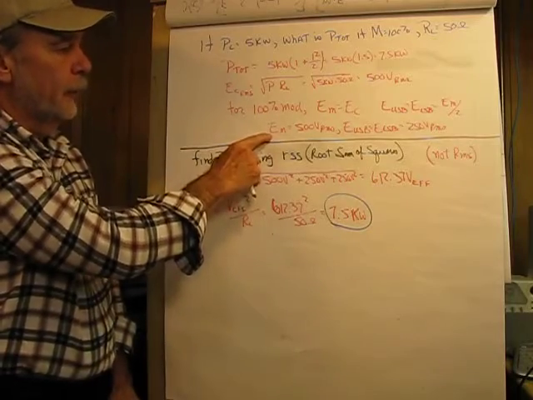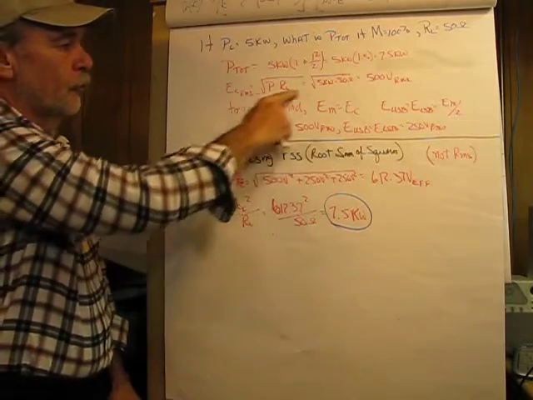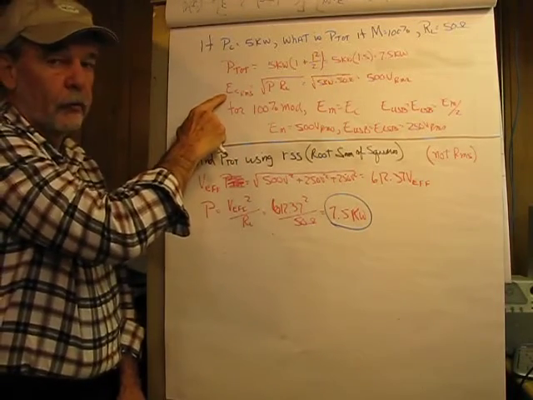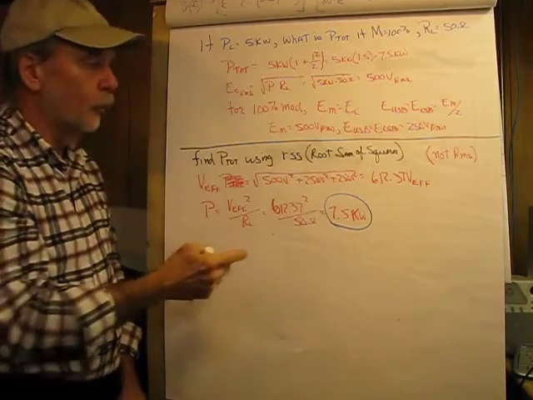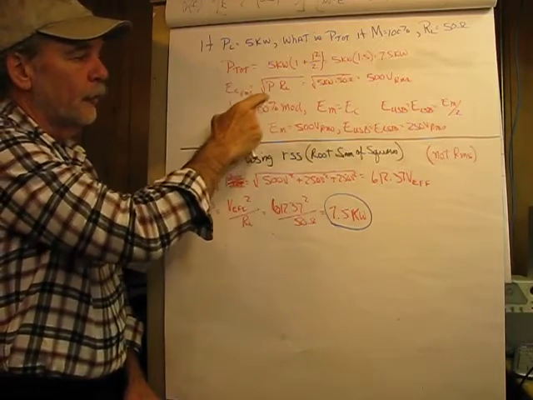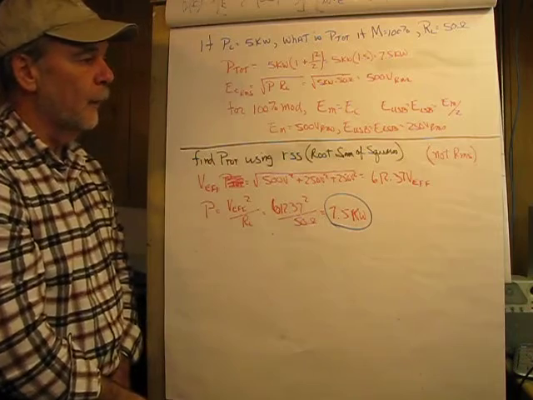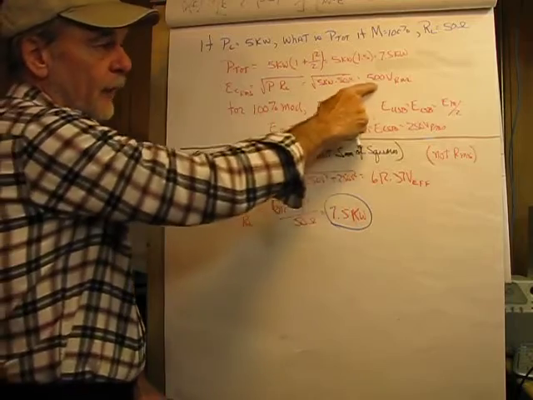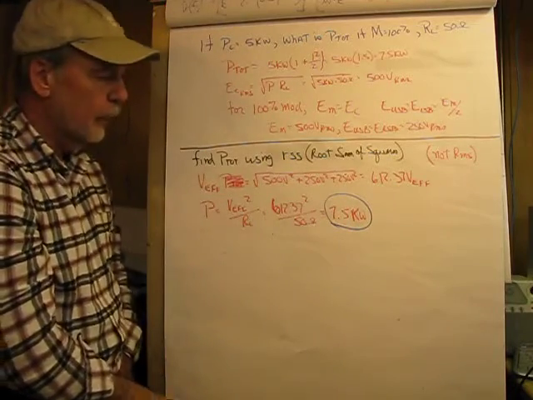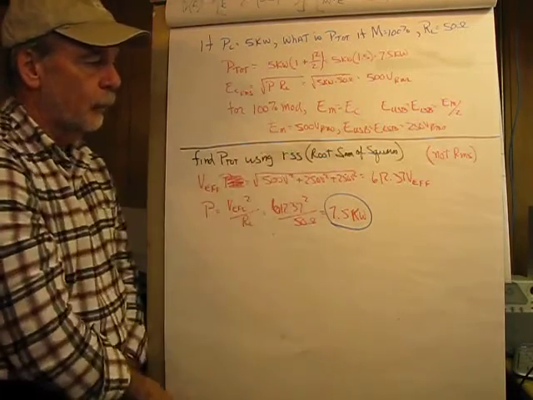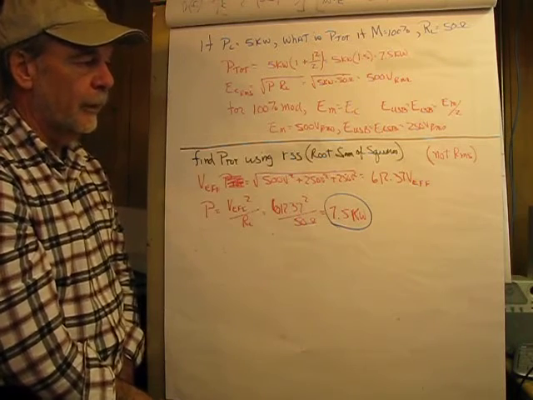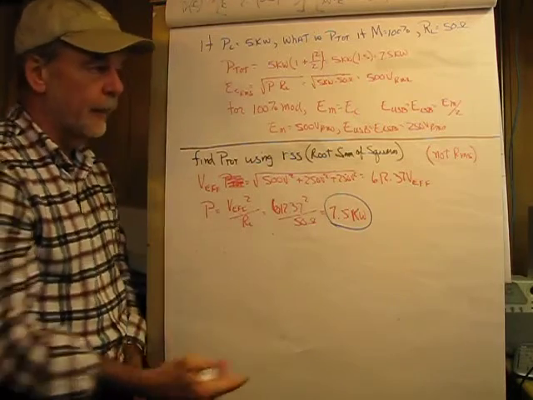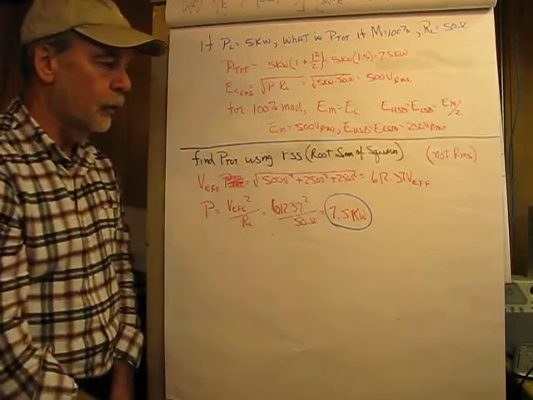So if we have a carrier, and this is how we got the voltage for the carrier, P equals V squared over R, or in this case E squared over R, and then solving for E we end up with the square root of P times RL, and since our power here is average power, that's going to give us 500 volts RMS. So EM is also equal to 500 volts RMS, and the upper sideband voltage and the lower sideband voltage are equally divided, so each are 250 volts RMS.